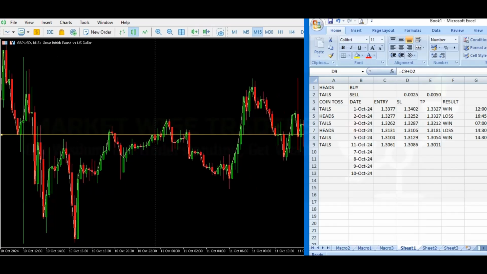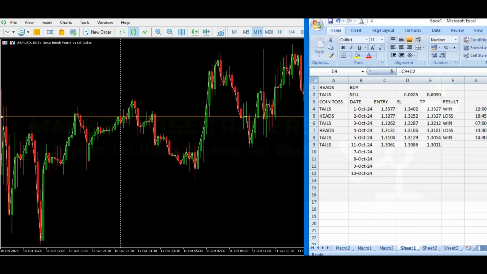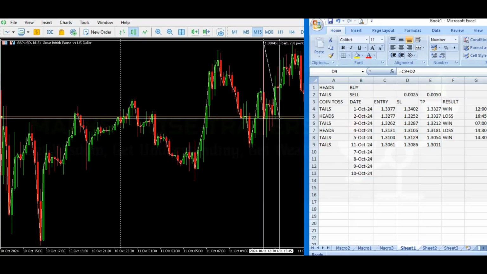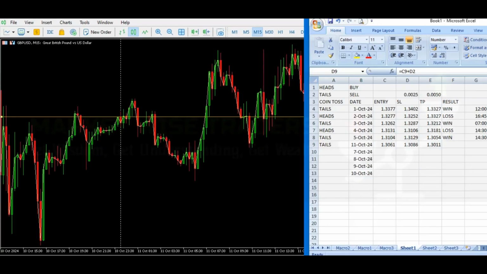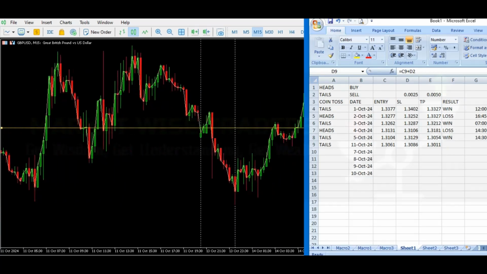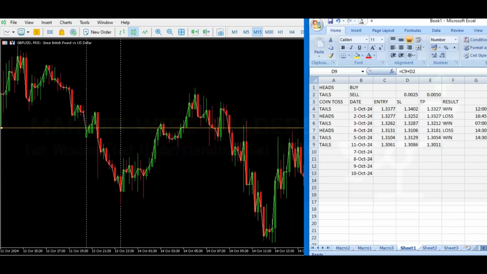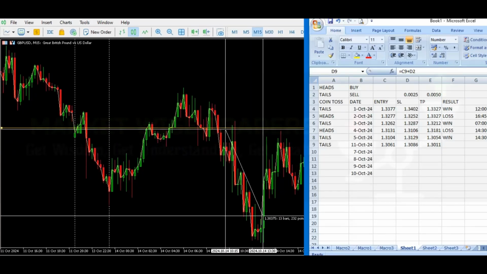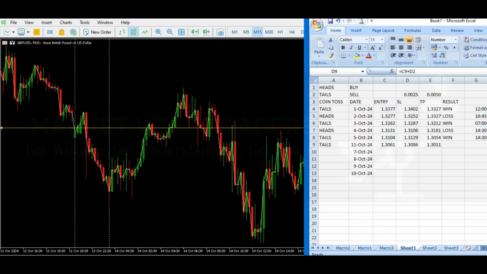Okay, did that hit our stop? Let's see how many pips is that from here to there. Not quite, that's 24 pips almost into the next day now. Is that 50 pips? Let's see. Yeah, no, that's just about 30.